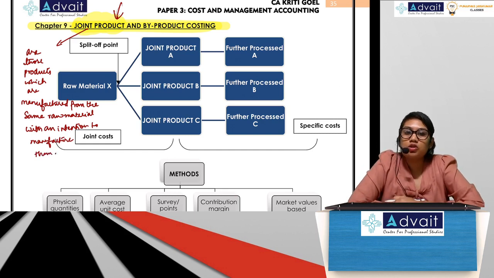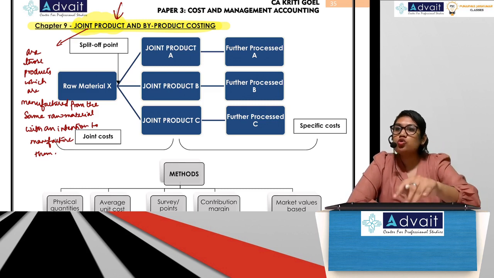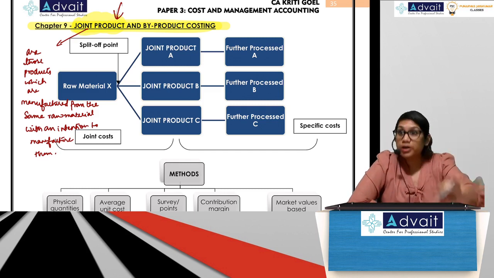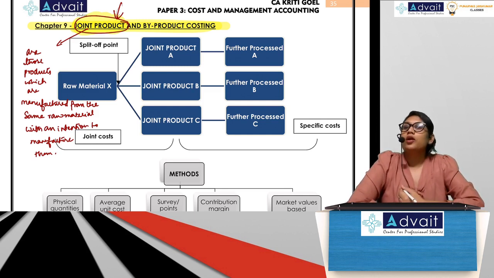Joint products are those products which are manufactured from the same raw material with an intention to manufacture them. That means when I started my process only, I knew that 1, 2, 3, 4 will be manufactured. Why? I wanted to manufacture them. That's why they are known as joint products.